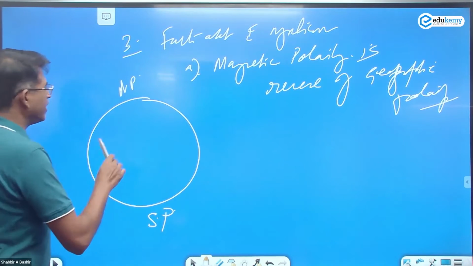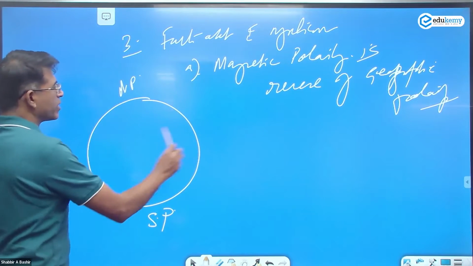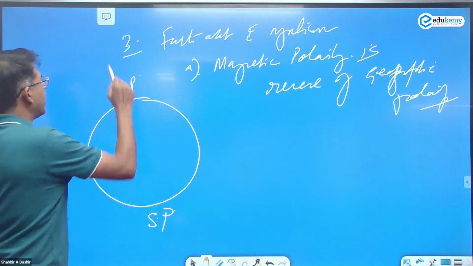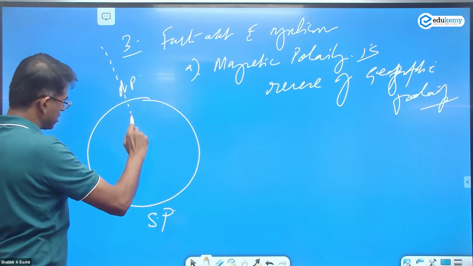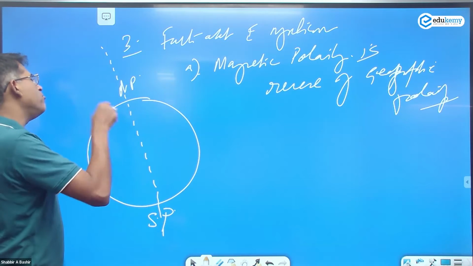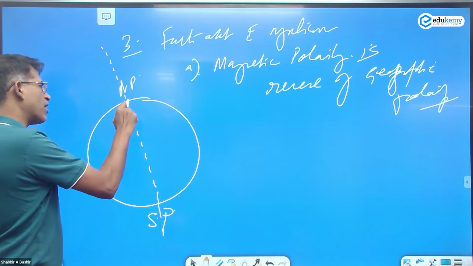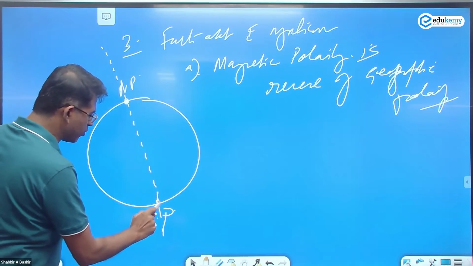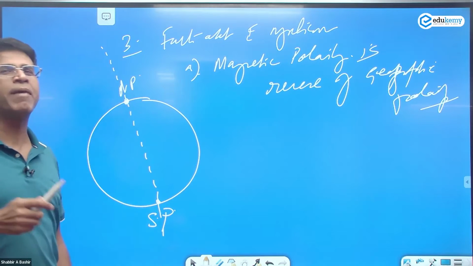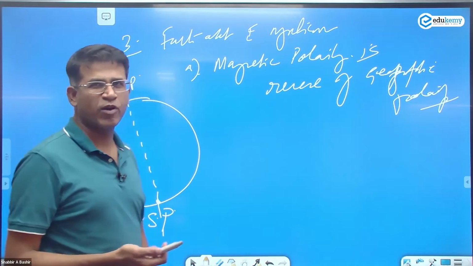So essentially, Earth is rotating. Earth's rotation happens about an axis, where the axis is meeting the surface. This is called the pole, and this is the pole. Okay, so this line is imaginary. Okay, some of you got that right.